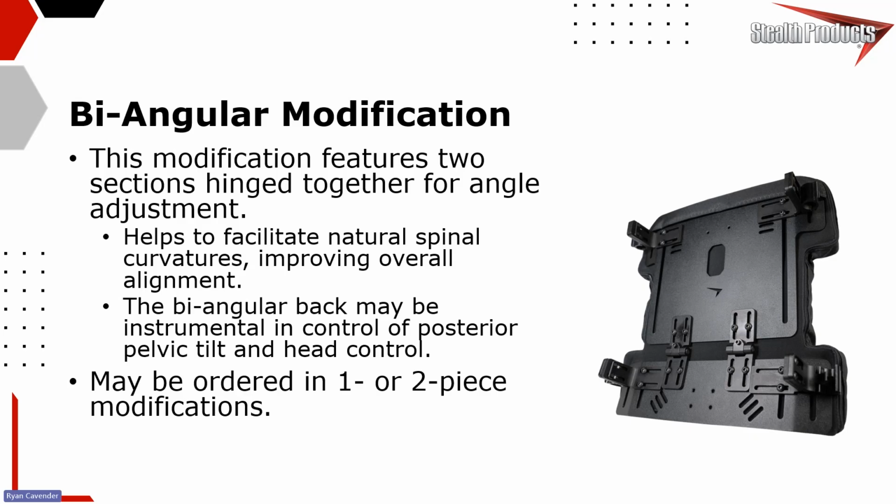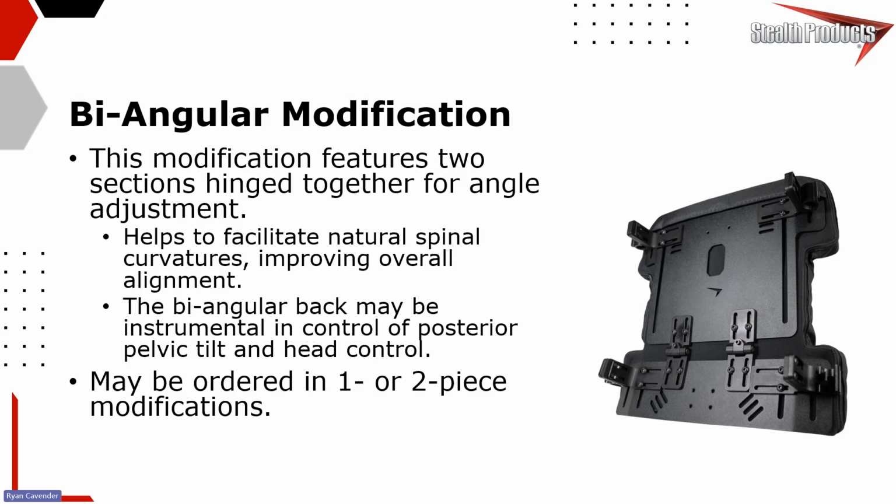And so that set of hinges really extends that client's trunk while keeping the pelvis in a good neutral position. That's going to in turn lead to a bit more upright head positioning, easier balance of the head, things like that. You can use this modification to some degree to limit posterior pelvic tilts. For those with a bit more pronounced gluteal shelf, this might help better maximize pressure distribution.